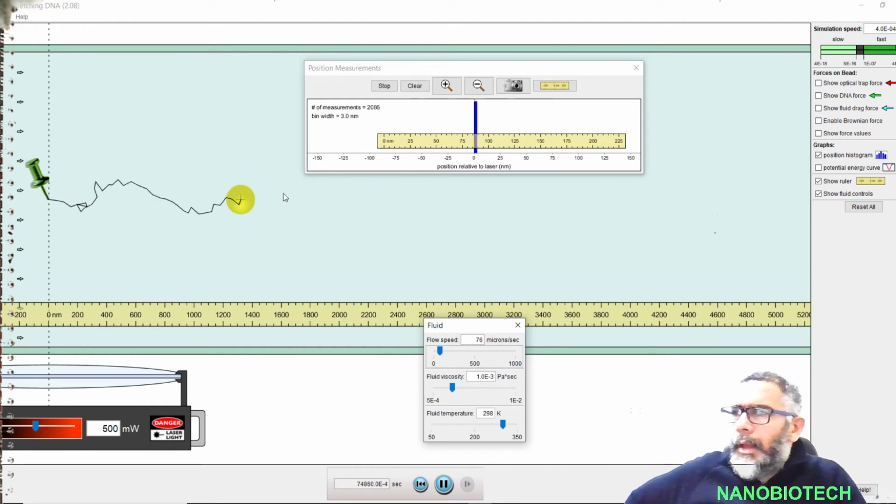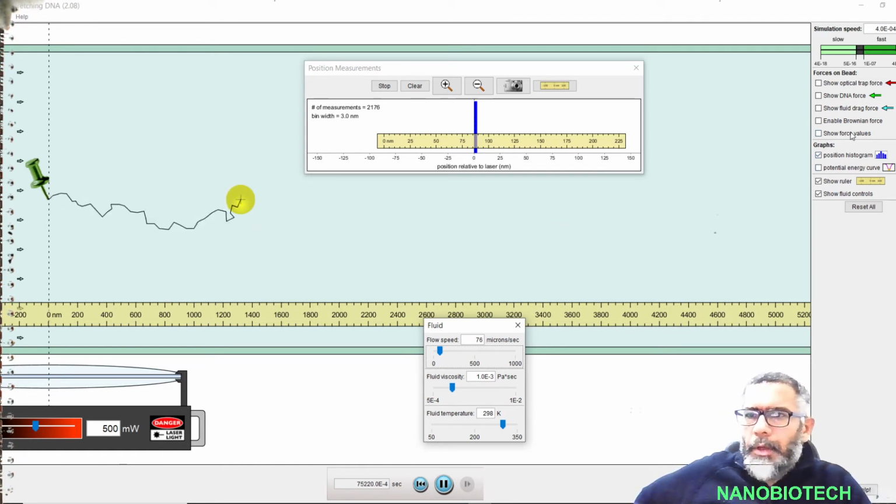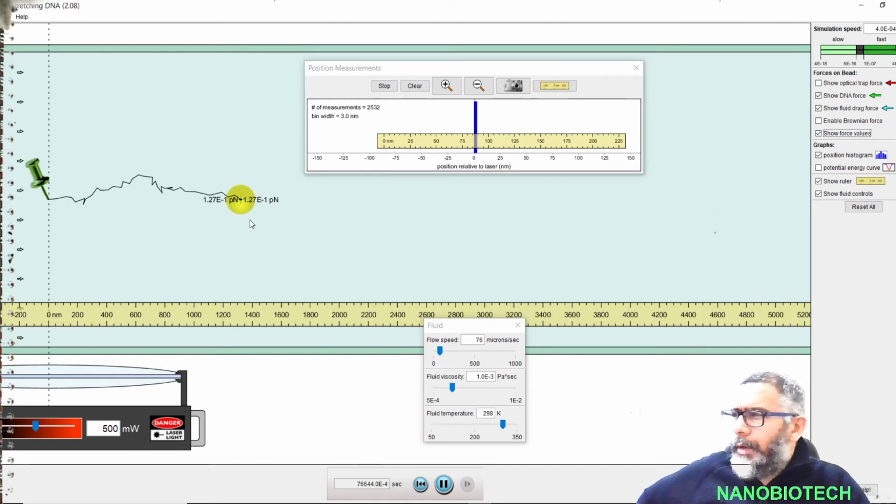And you might be curious whether you can measure these forces. Yes, you just check the boxes, the DNA force, and also the drag force. Okay, and show the force values. If you also check the force values, the force that shows to the right of the sphere is in fact the drag force.